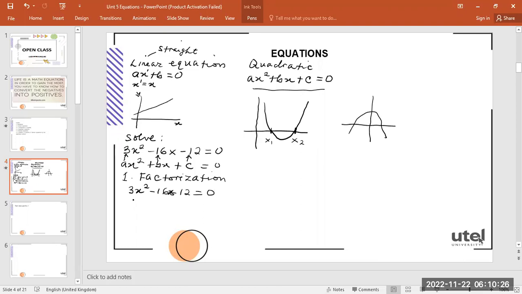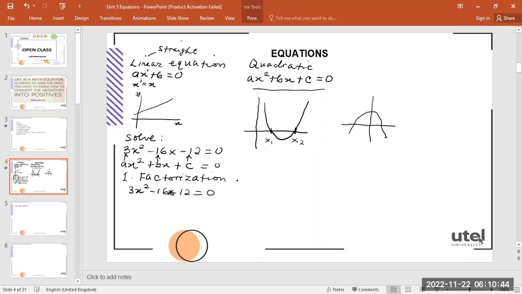You can see we have three terms, 3x squared, minus 16x, and minus 12. Now I want to convert this three-term equation into four terms so that we can factor the equation, and I'm going to show you how.